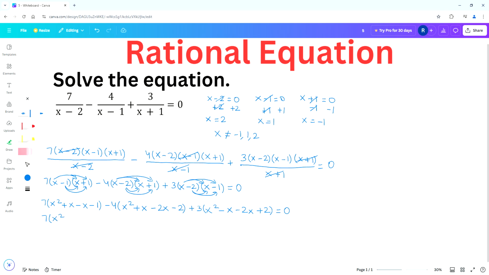In the first parentheses, plus x and negative x will cancel each other out. In the second parentheses, x minus 2x is equal to minus x. In the third parentheses, negative x minus 2x is equal to minus 3x.